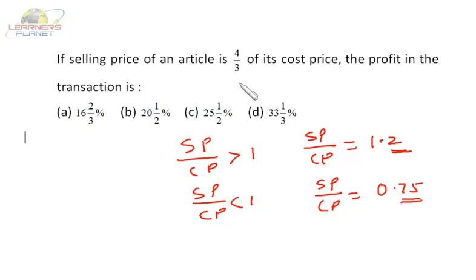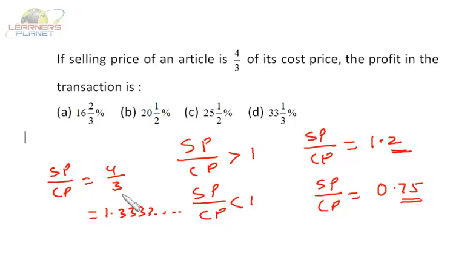Okay, now in this case the ratio is given in fraction. So SP by CP is 4/3. We can say selling price of an article is 4/3 of the cost price. That means SP by CP is 4/3, which is 1.3333 and so on. So what is the profit in the transaction? That is 33 1/3%.